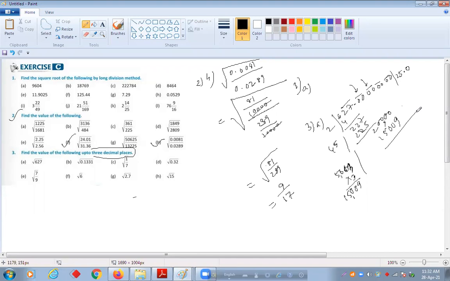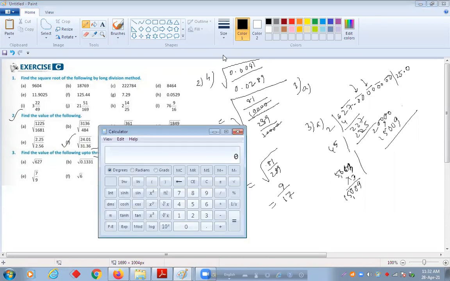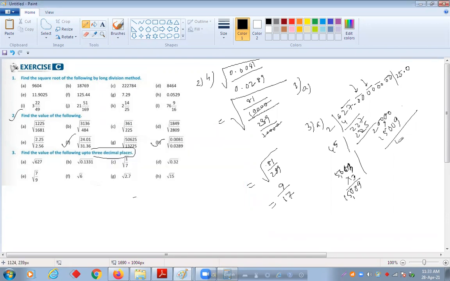So how much result will you get? Here we'll use the calculator. 20,000 minus 15,009. So 4,991. Then what to do? We have taken up to 2 decimal places only.